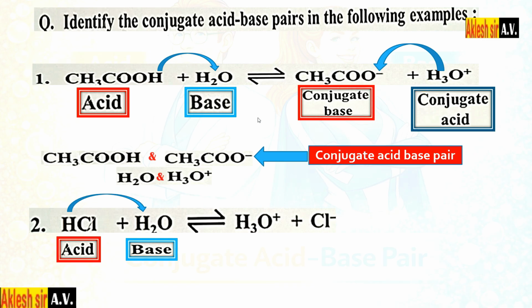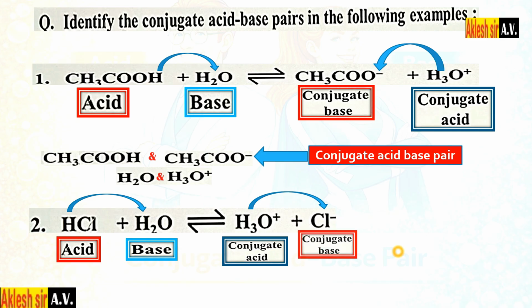HCl will result in the formation of Cl minus, and water will form a hydronium ion. In the reverse reaction, this hydronium ion will donate the proton to Cl minus to form HCl. So here H3O plus is acting like an acid because it is donating the proton, and Cl minus is acting like a conjugate base because it is accepting the proton.